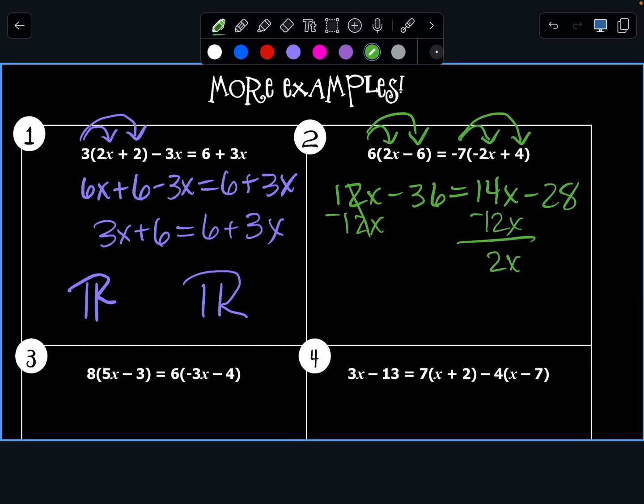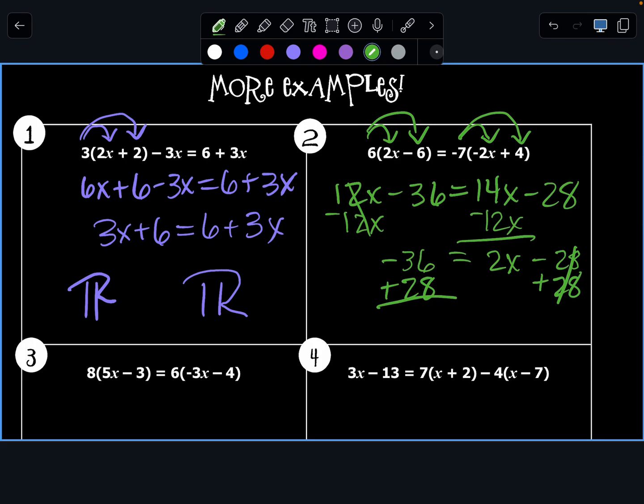So I get 2x minus 28 equals negative 36. I'm going to add my 28. Add my 28. Negative 36 plus 28 is negative 8 equals 2x. X equals negative 4.